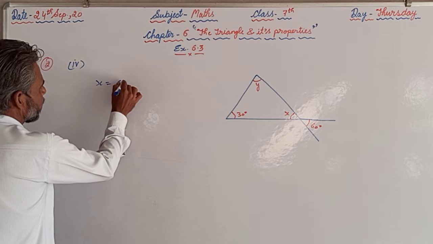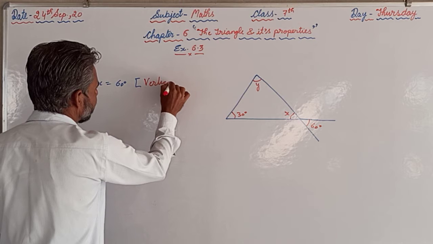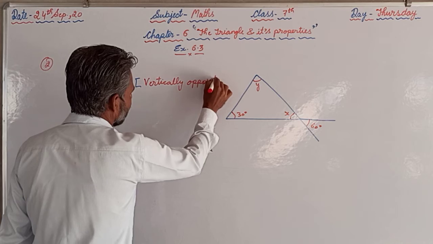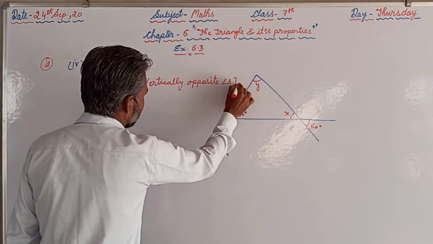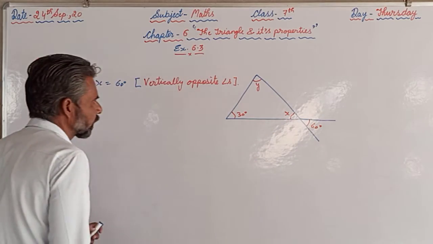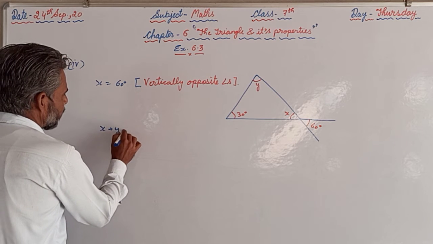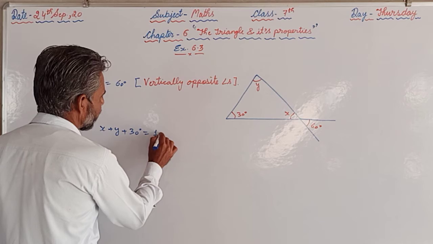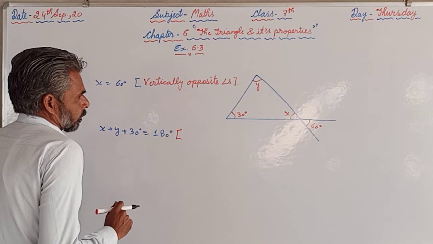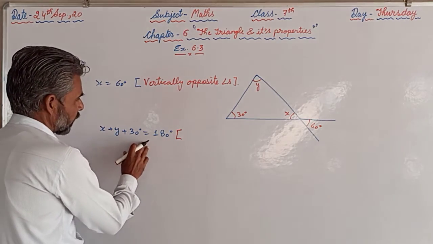X can be equals to 60 degree, y vertically opposite angles. These are vertically opposite angles. Now in the triangle we can write x plus y plus 30 degree is equals to 180 degree.